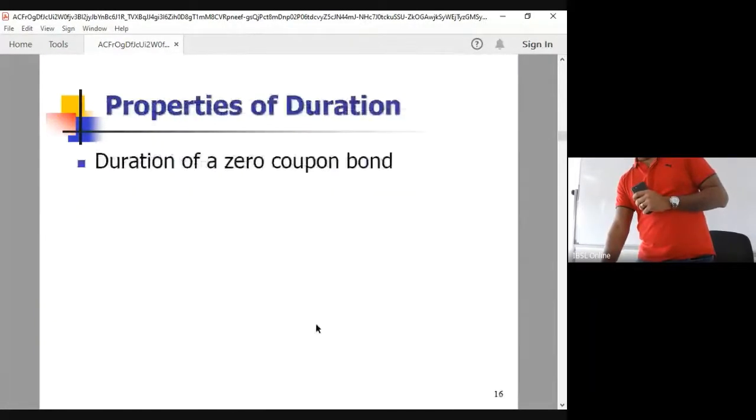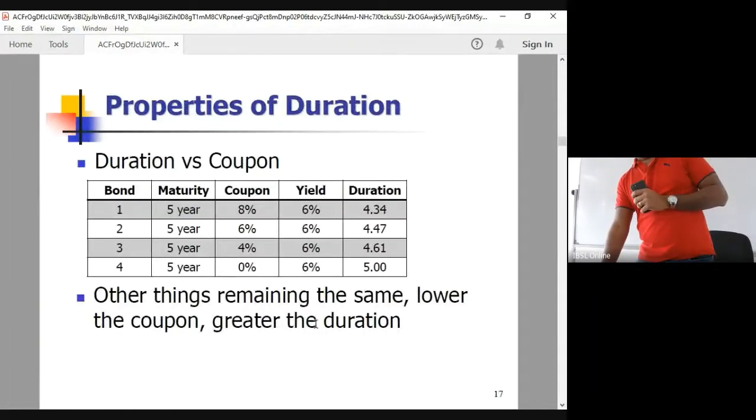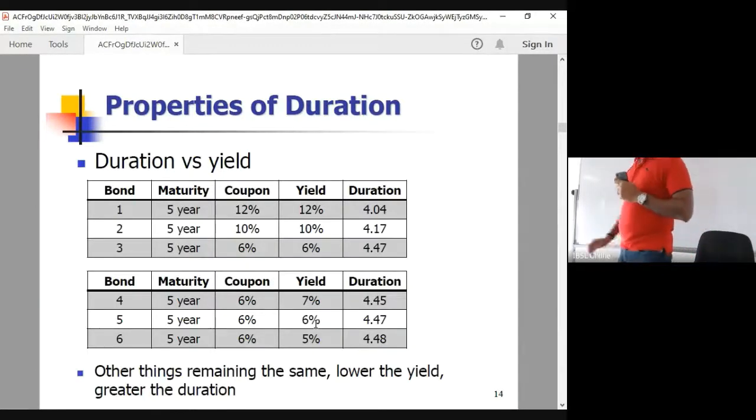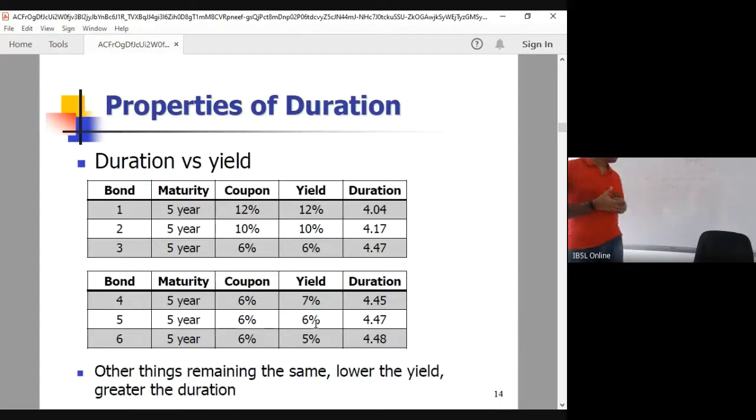So let me just go back to that. What I was trying to say was, if the yield on a bond changes, what is a yield? What is a coupon? A coupon is what you get paid on a semi-annual or annual basis from the bond itself, on the face value of the bond, and the yield is the market rate of the bond.